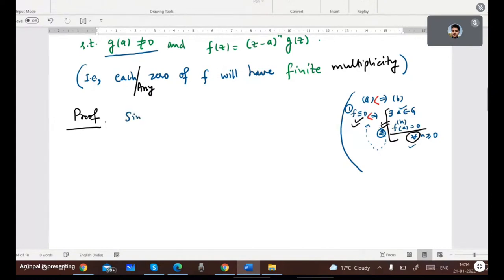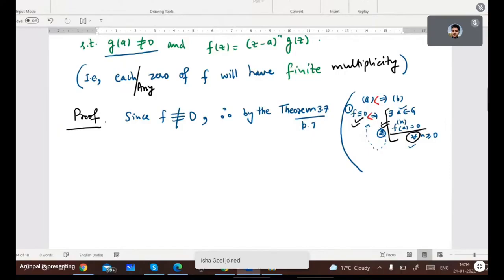So since f is not identically equal to 0, therefore by the theorem, and class this was precisely theorem 3.7 in your book at page 78, there exists some k, I am saying class, greater than or equal to 1.